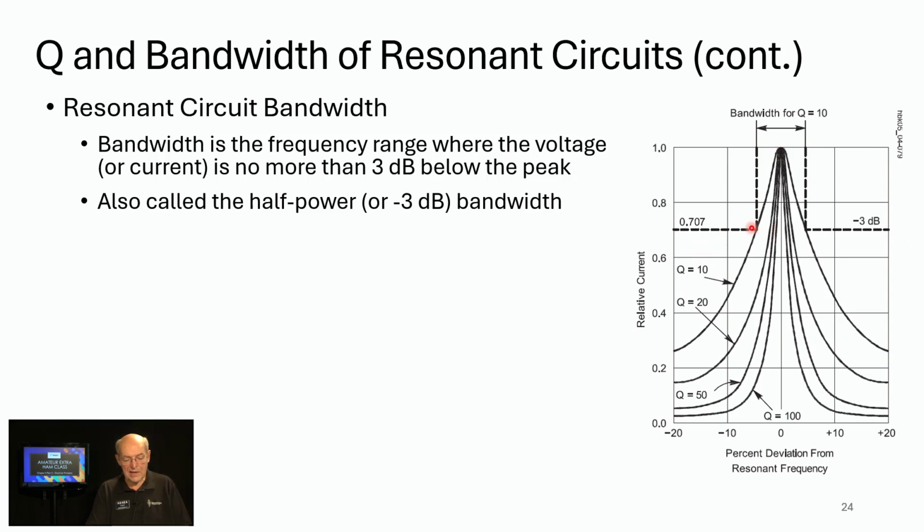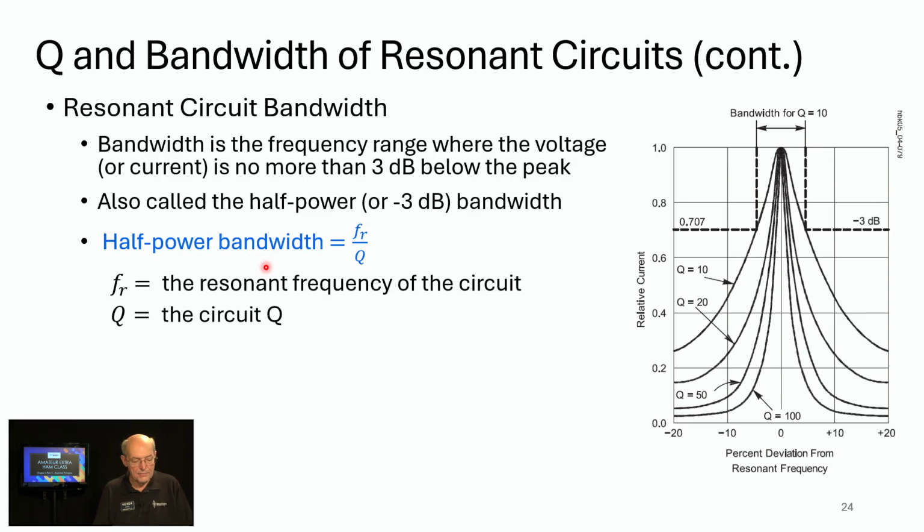So the half power bandwidth is the distance between these 2 points. In the case of single sideband, you'd want this to be around 3 kilohertz. This is called the half power or 3 dB bandwidth point.